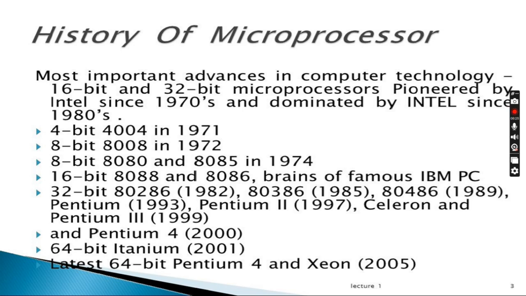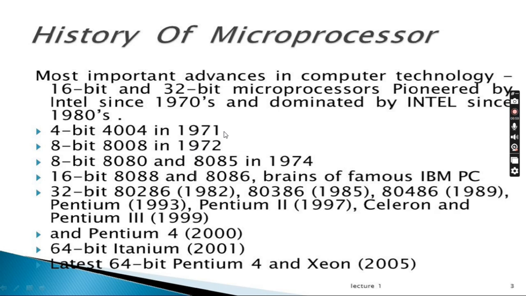Now we are going to study from which things this microprocessor has been developed. The first microprocessor was developed in 1971, which is a 4-bit microprocessor. The first processor, a 4-bit, was developed in 1971 by Intel itself.